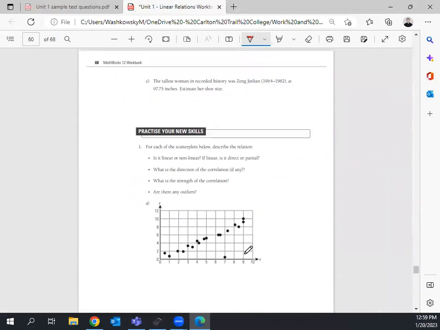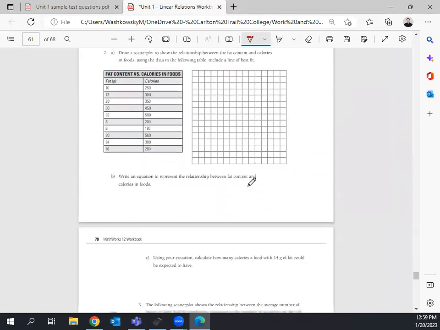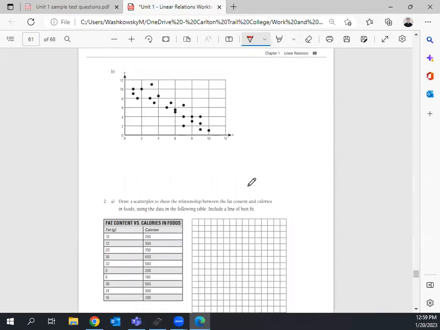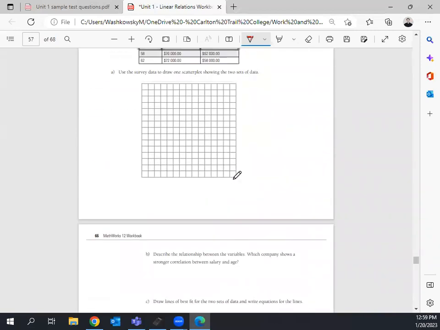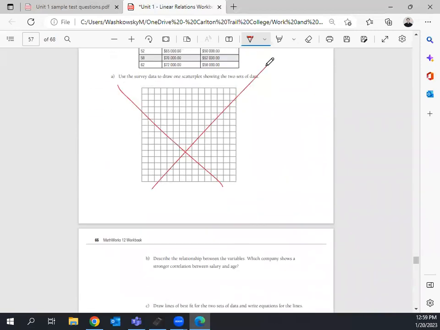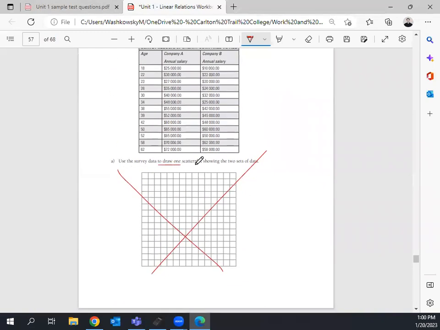So what I'm going to do is give you 30 minutes here just to get as far as you can. The key thing I want you to focus on is that I don't care about you drawing scatter plots. Your final exam is not going to care about you drawing scatter plots. So if a question says, please draw a scatter plot, skip it. Doesn't matter.